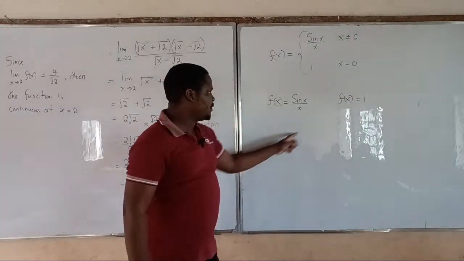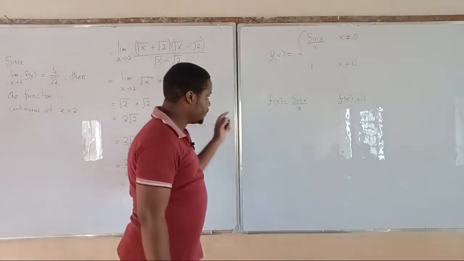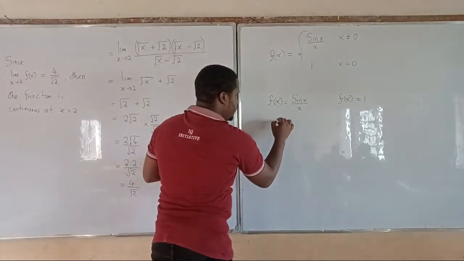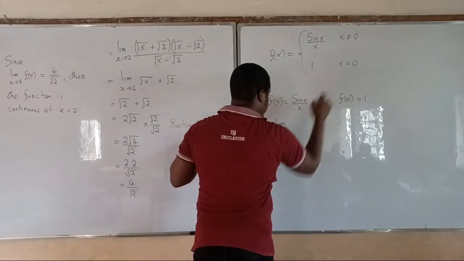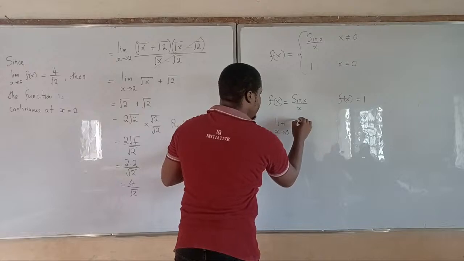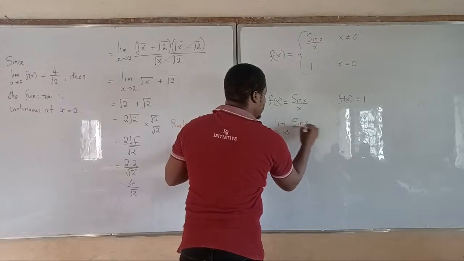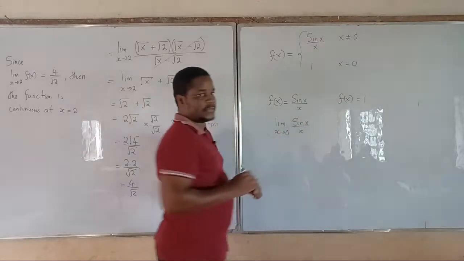So what do we do with this guy? We have to find its limit. So we have to say the limit as x approaches 0 of the function sin x over x.